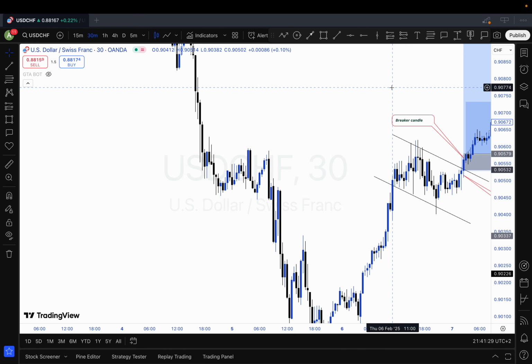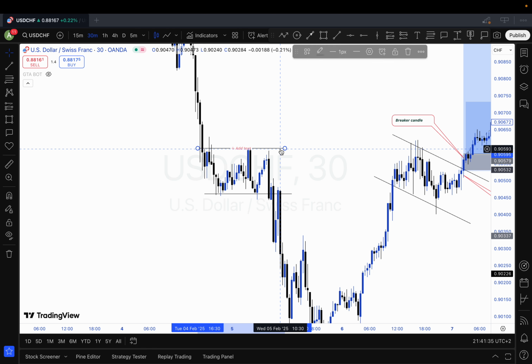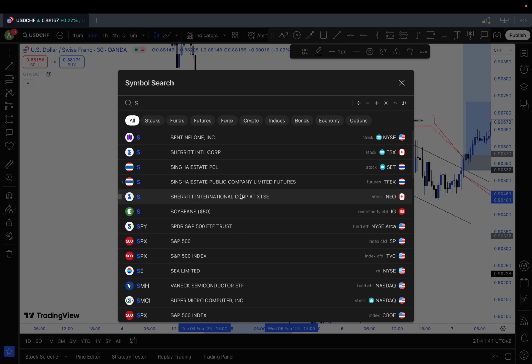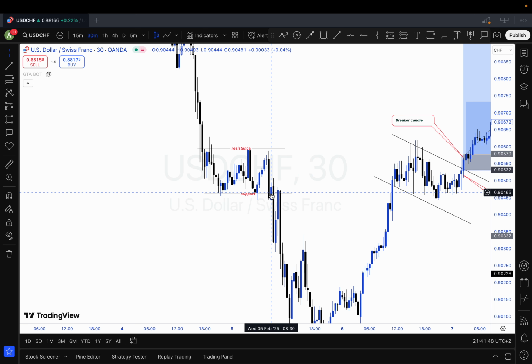Yeah, this is a very different one. But it's cool. We have a resistance over here. We have a support over here. And then we can see that after we had this long candle, which is like a pre-London section long candle, we have this to be the breaker candle.